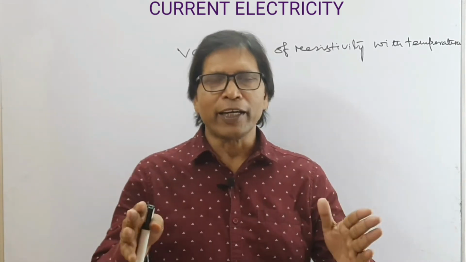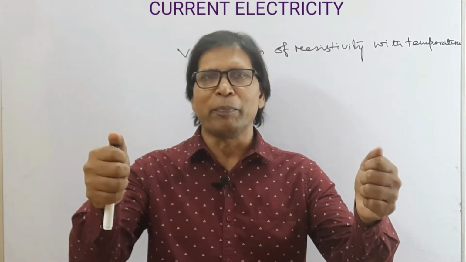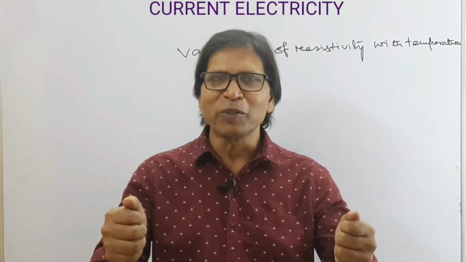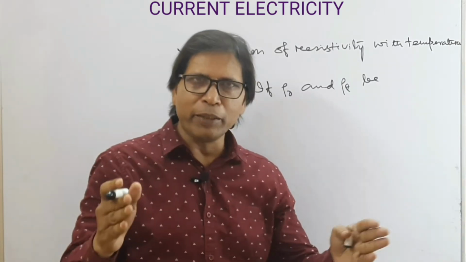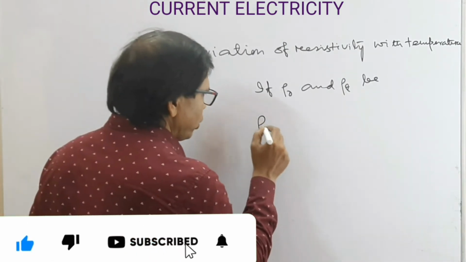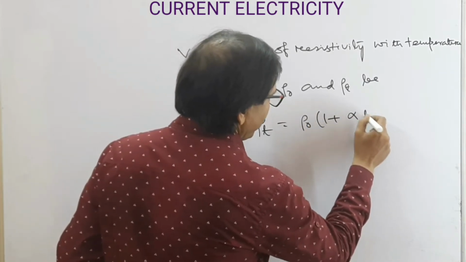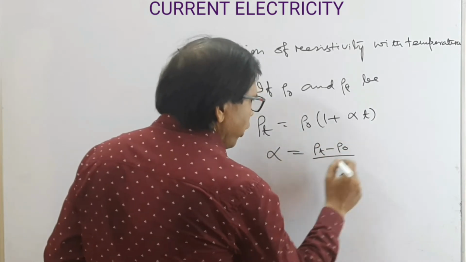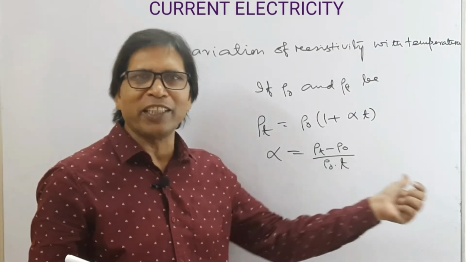Now next, look at this, the variation of resistivity with temperature. For a metallic conductor, the resistivity of the conductor increases with rise of temperature, and for a non-metallic conductor, the resistivity decreases with rise of temperature. Okay, if rho 0 and rho t are the resistivity at 0 degree and t degree Celsius, then rho t equals rho 0 into 1 plus alpha into t, where alpha equals rho t minus rho 0 divided by rho 0 into t, is the temperature coefficient of resistivity.